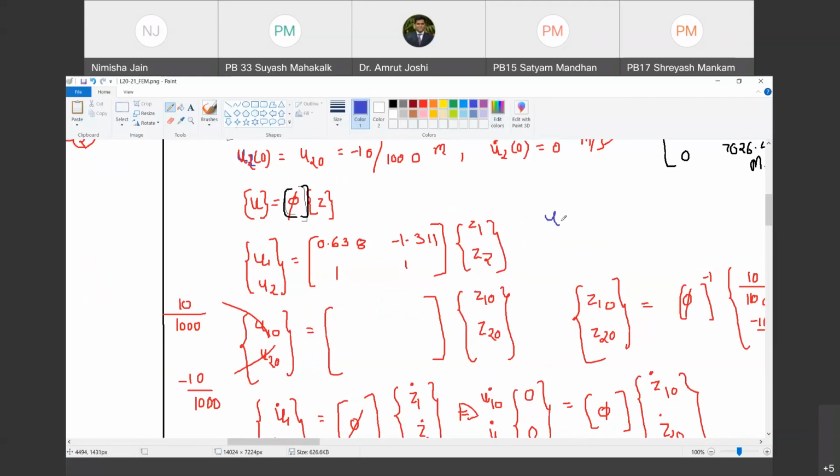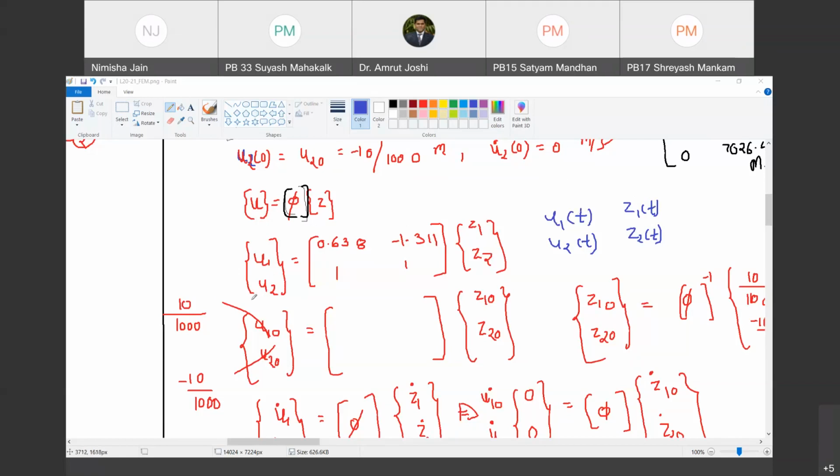Look, U1 is a function of time. U2 is also a function of time. Similarly, Z1 is also a function of time and Z2 is also a function of time. So when I write down this equation, it is not valid only at a given instant of time. It is valid throughout the period of observation.